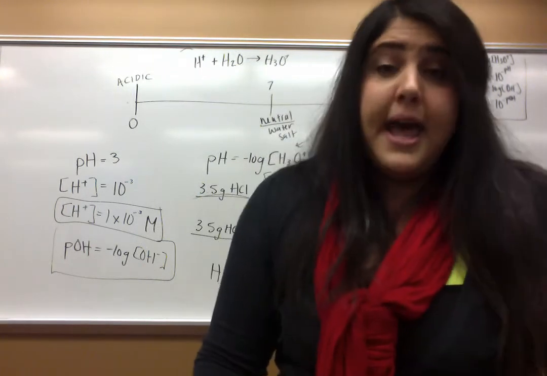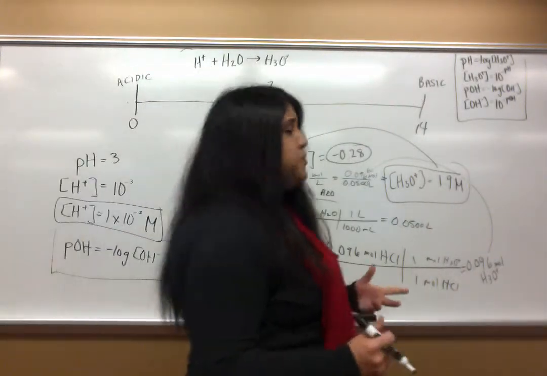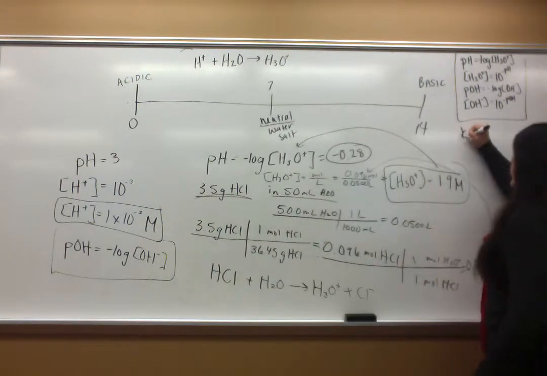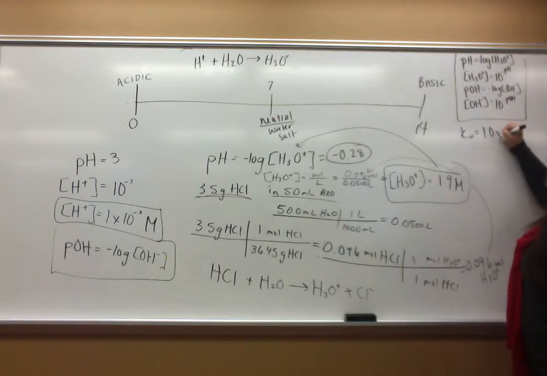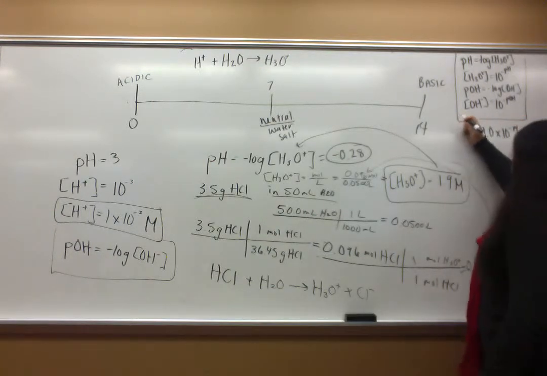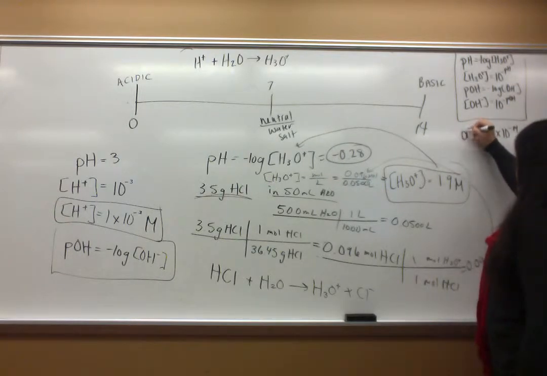Now, pH and pOH are actually related. We should remember that my Kw, whatever that value was, is equal to 1.0 times 10 to the negative 14th, which is also equal to, I'll write this, Kw equals my concentration of hydroxide times my concentration of H3O plus.